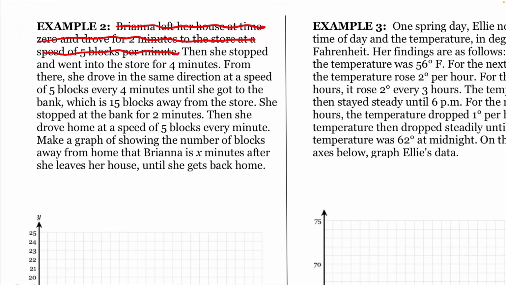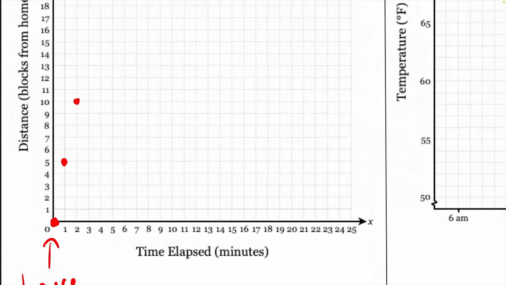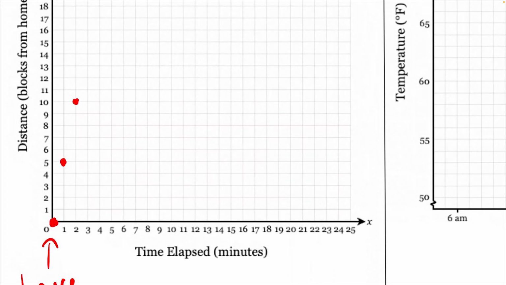Then she stopped and went to the store for 4 minutes. So when she's in the store, she's not in her car, right? So she can't drive anywhere. She's in a store, so she's not moving. So how many blocks away is she at 3 minutes? 10. She's still the same, right?